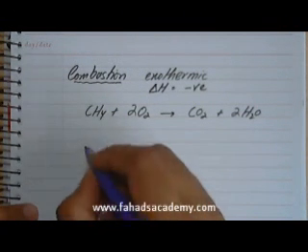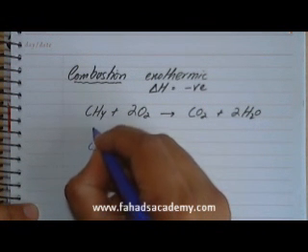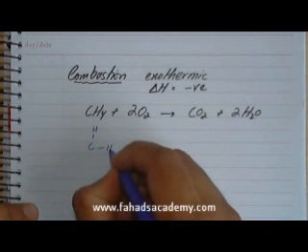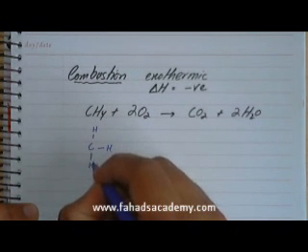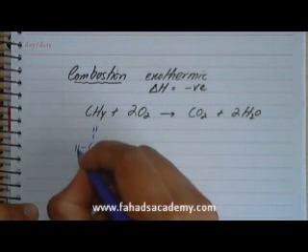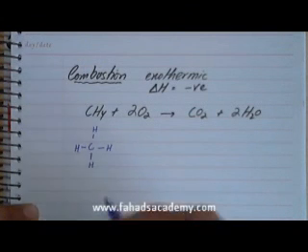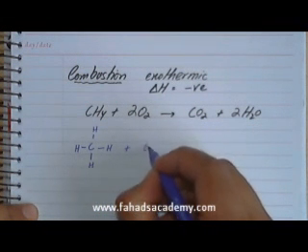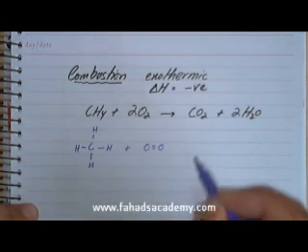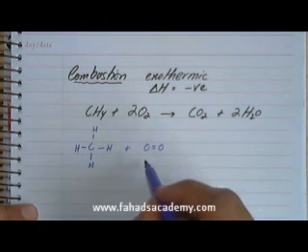CH4 has 4 bonds. The carbon is bonded with 4 hydrogen atoms, and then you have 2 oxygen molecules, where the 2 oxygen atoms are bonded together by a double bond.